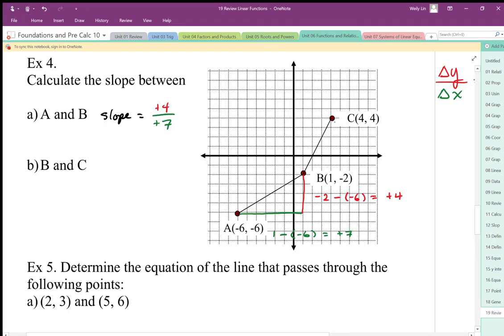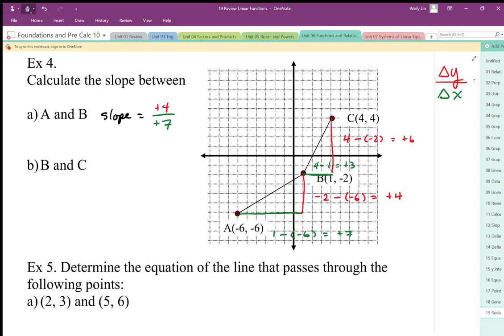From B to C, again, we can draw our slope triangle. So this length here is going to be, we end at 4, we started at -2, so we went up 6. Okay, and I can count 6 units on my grid. From 1 to 4, I'm going to end at 4, start at 1, so we went to the right 3.